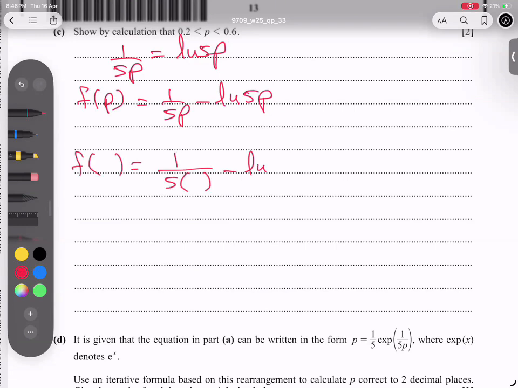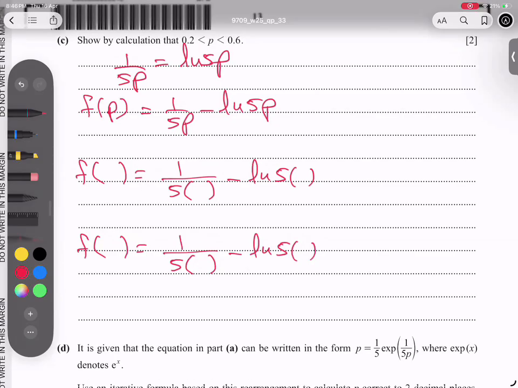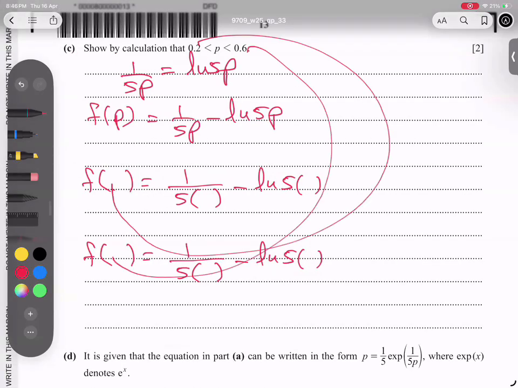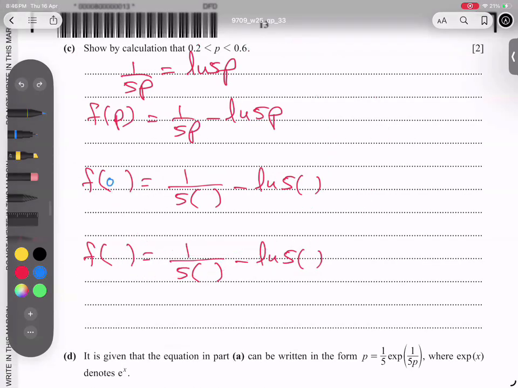You can see 5 times p here. So I'm going to copy and paste. One time I'm putting 0.2 and one time I'm putting 0.6. So look, I'm showing you 0.2, 0.2, 0.2, 0.6, 0.6, and 0.6.